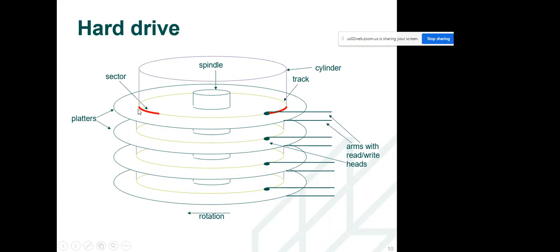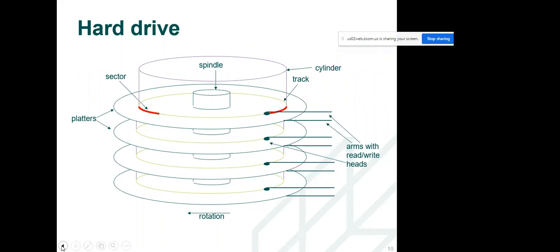I said these are the tracks and these are the sectors. This is the rod on which the whole disk rotates. These are platters, cylinder, and arms with read write heads. One by one, the read write head reads that.